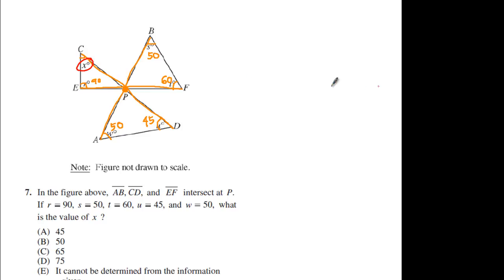So let's begin here. If this is 50 and this angle is 60, the sum of the angles of this triangle should be 180. What, therefore, is the measure of this angle? That means 50 plus 60 plus what angle will give us 180 degrees? 180, because the sum of the angles of a triangle should be 180.